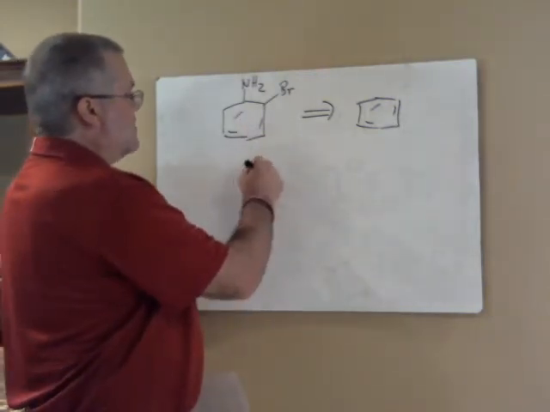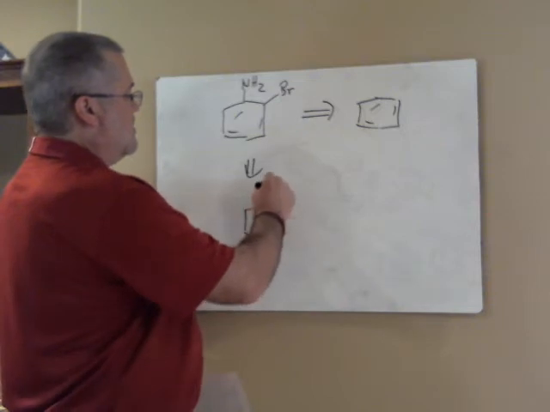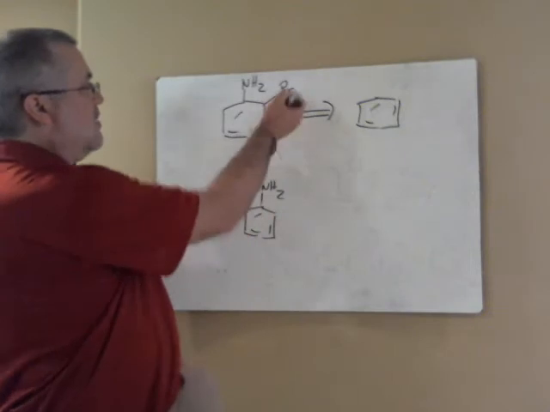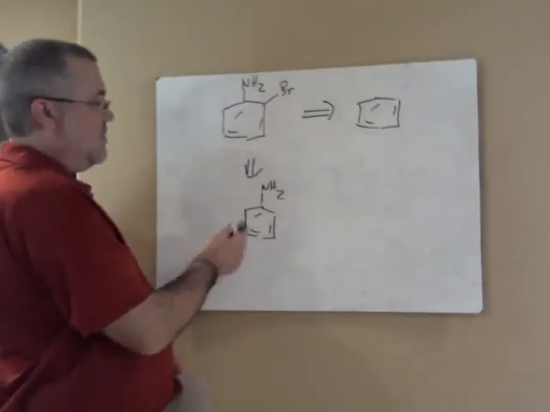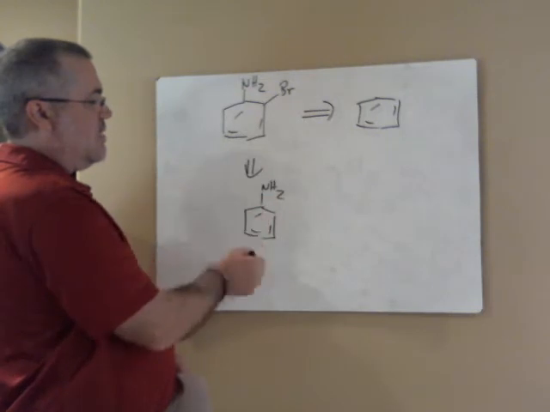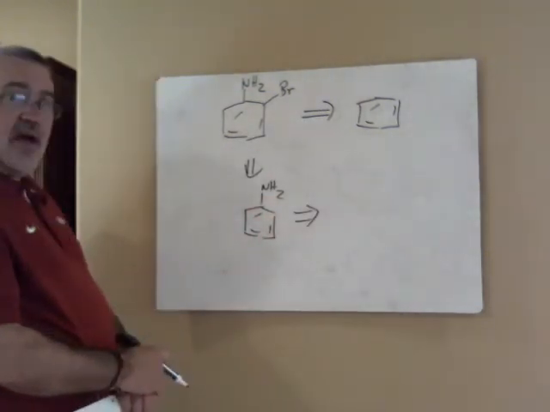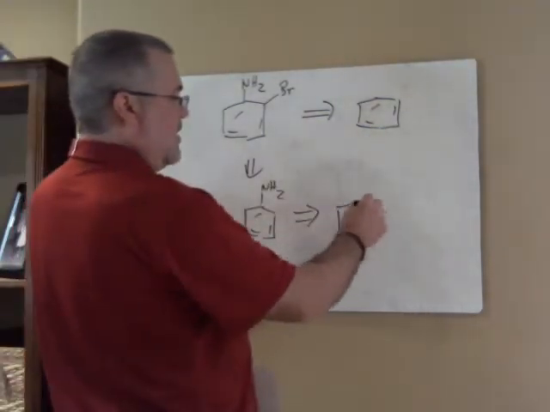And I could imagine then going back and saying, if I had this aniline compound, I could brominate it and get this product, because this is going to direct ortho and para. Okay? And so then that would then go back to, well, I can't put an amino group directly on the ring, right?